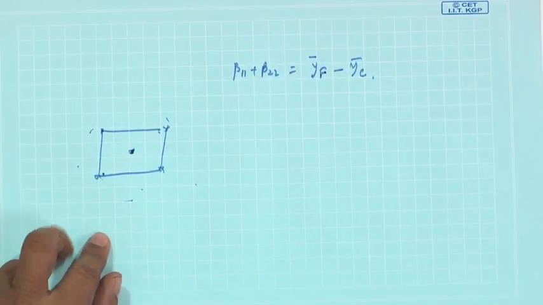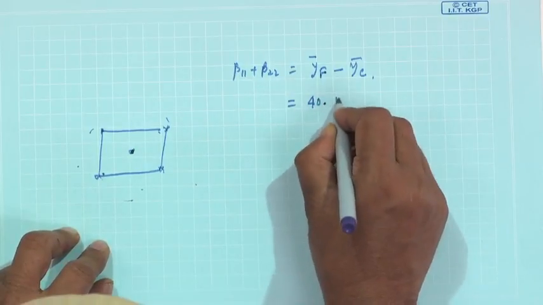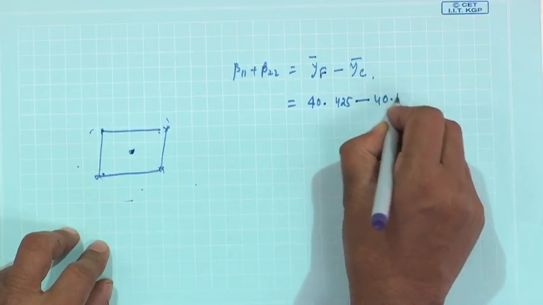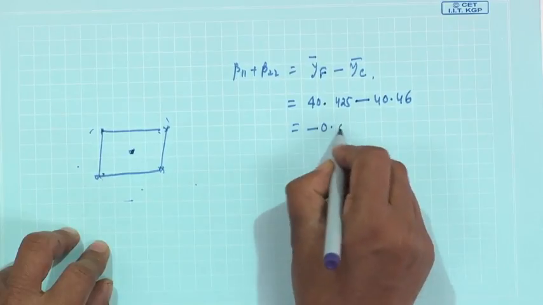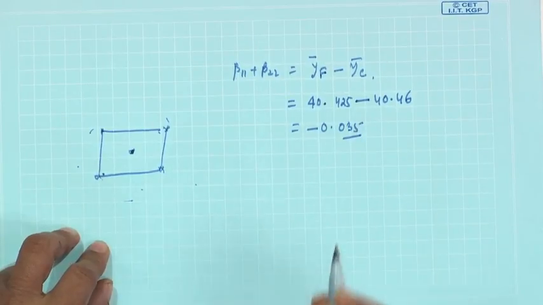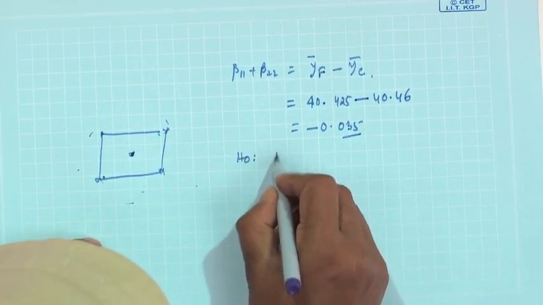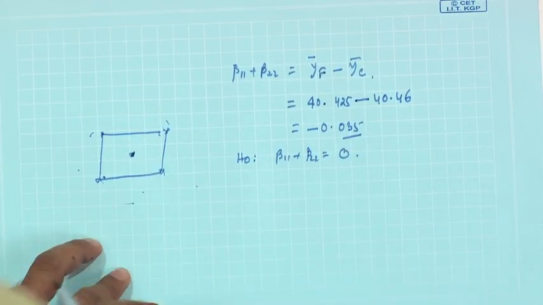Now, y bar at factorial point is 40.425 and y bar at center point is 40.46. This value is minus 0.035. So, what you are doing here? You are creating a null hypothesis that beta 11 plus beta 22 equal to 0.